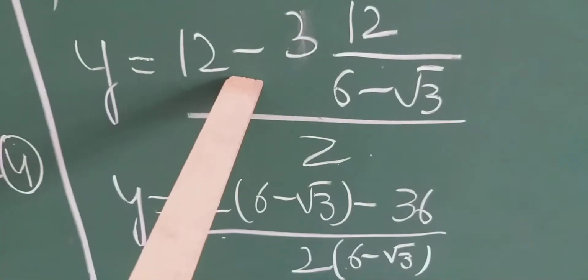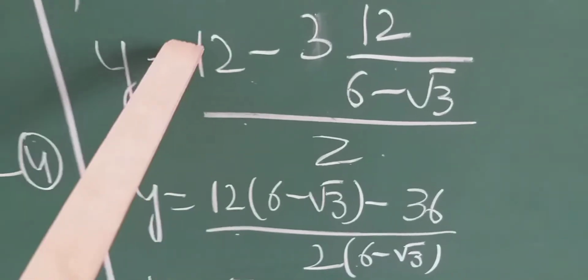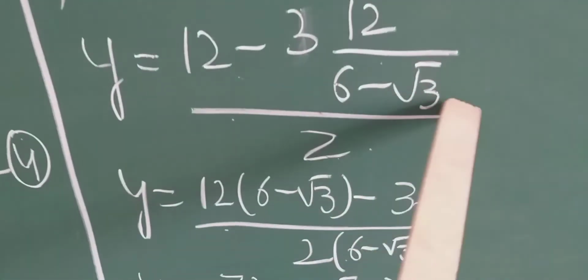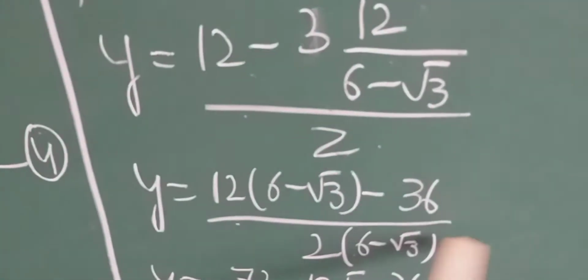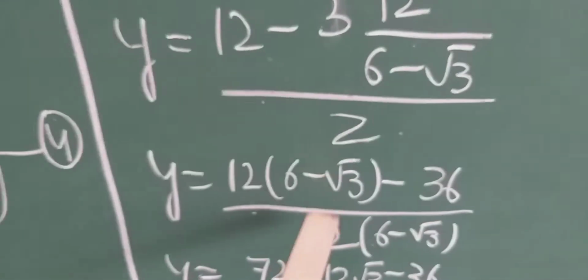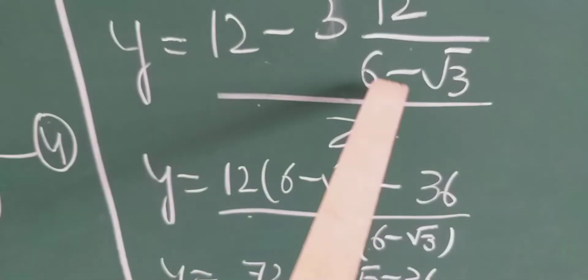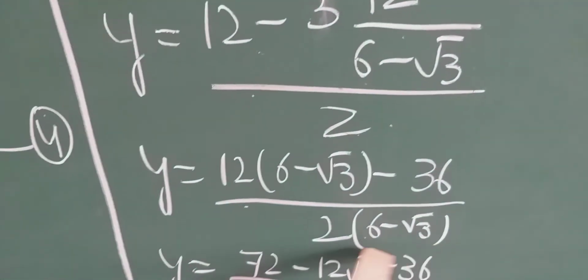This is the value of x, which we put here in equation number 1. We can take LCM. When we take LCM, 12 is multiplied by 6 minus root 3, minus 36, 12 times 3 is 36, upon 2, which remains as it is, and 6 minus root 3 also comes in the denominator.